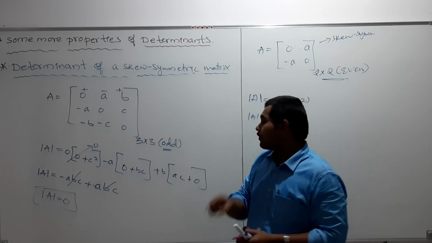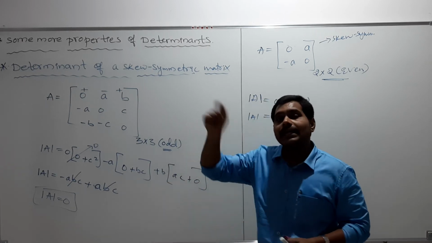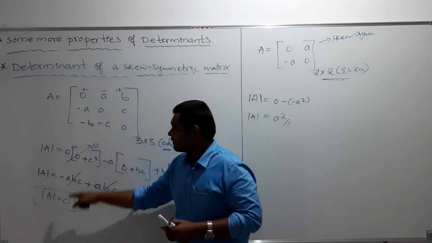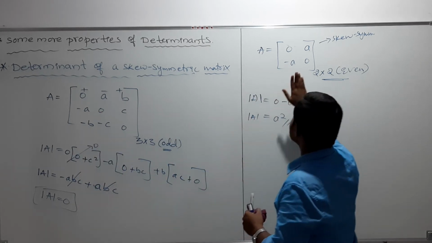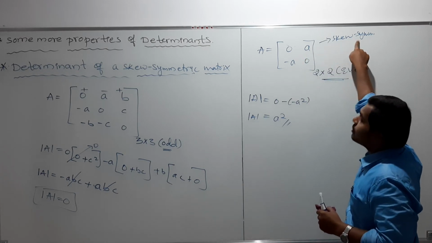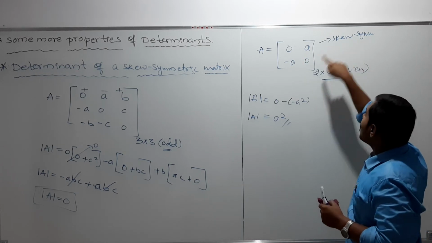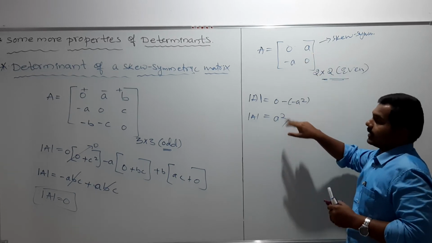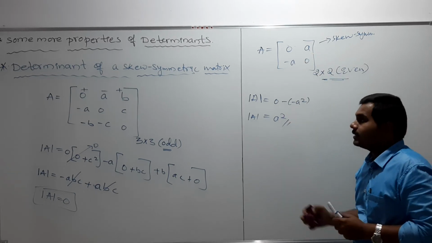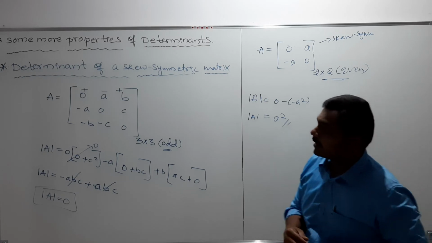If it is skew symmetric and of odd order, then directly you can say that the determinant value is equal to 0. And next, my students, if the matrix is skew symmetric and the order is even, then the determinant value is a perfect square. Like this, you will get the answer. Clear? So this property is also very, very important.